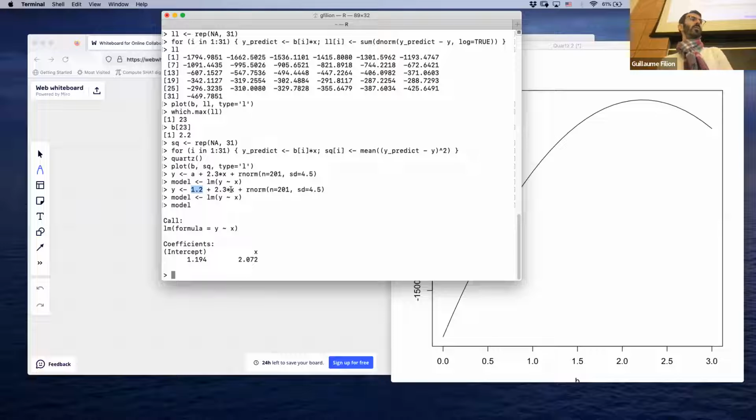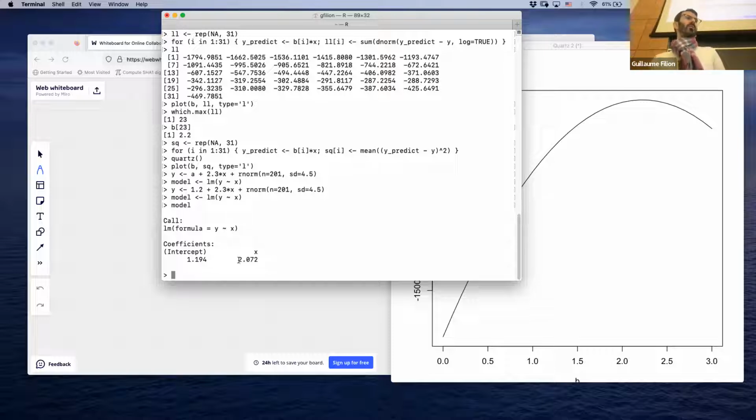And 2.3 for the slope. Well, it's a bit less good here. It was accurate to within 1% for the intercept, and this is clearly not accurate to within 1% for the slope. It's not super far either, 2.3 versus 2, but you can see that estimating the slope is always a little bit more difficult than estimating the intercept.